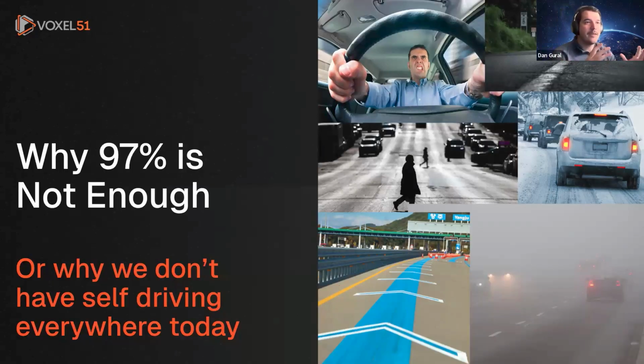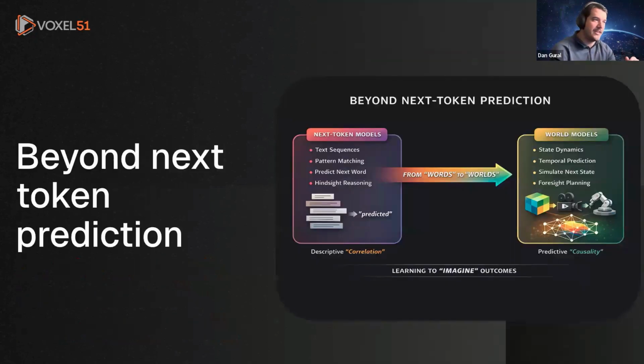And so what we're doing from here is a whole new way of solving this problem, which is that we are going beyond next token prediction, right? We think about the world of LLMs and ChatGPT. I ask it a sequence of words, it gives me a sequence of answers back, right? This is not going to work. We've, I think, fully decided across the autonomous vehicle field, as well as other physical AI fields, that this is not going to work.